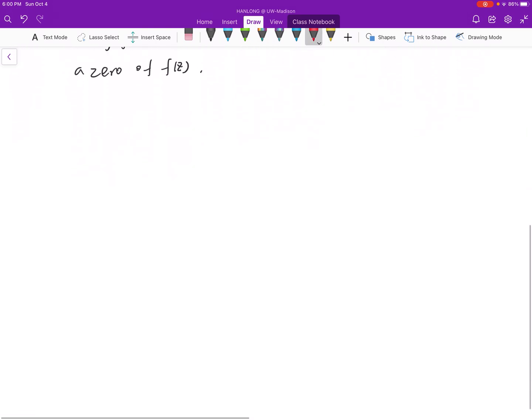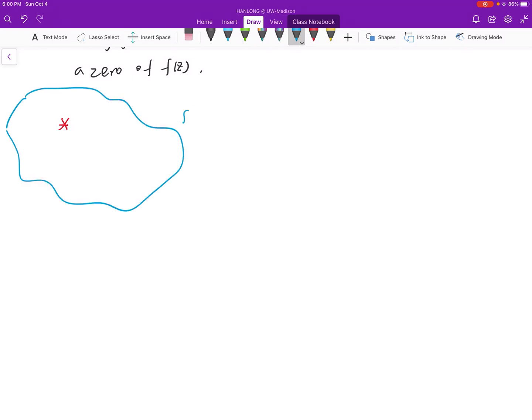So for example, a is 0, and this is your domain, omega for instance. In a neighborhood, log f(z) is not well defined because you have ambiguity. You cannot take log; you need to do some cutting.